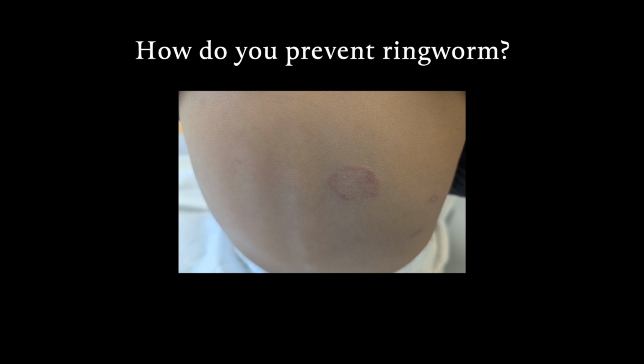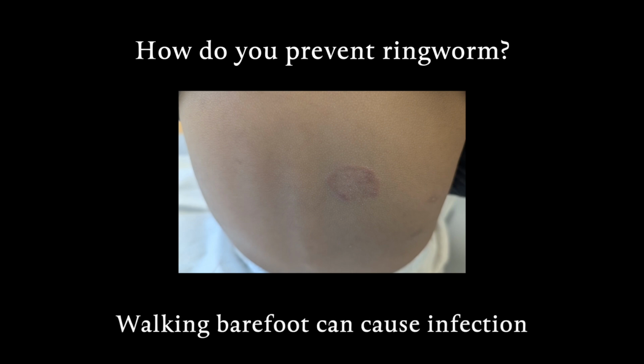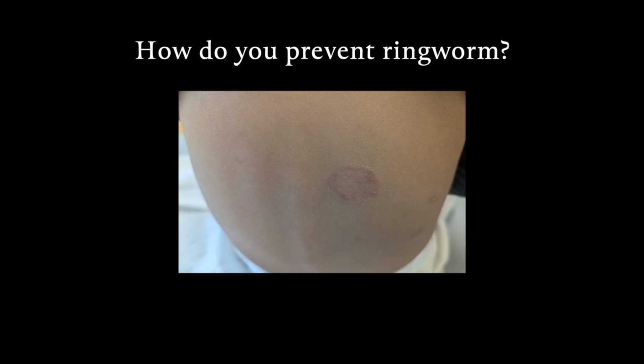That's one way of preventing ringworm infestation: cleanliness, hand washing, taking a bath, and of course socks if you are walking around. If you're walking around barefoot with no socks or no shoes, you could contract tinea pedis, or ringworm of the foot, especially in locker rooms where people walk barefoot without slippers.